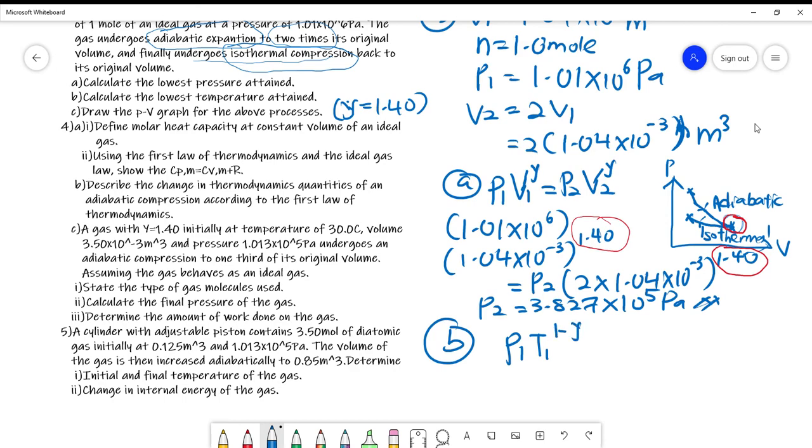If I'm not mistaken, is it 1 minus gamma? Even for me, also forgetful. Alright, so the formula is actually wrong. Based on the normal gas law equation, P is inversely proportional to... let me check again for the formula.